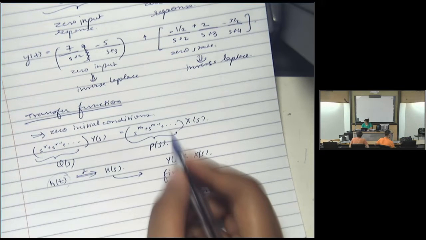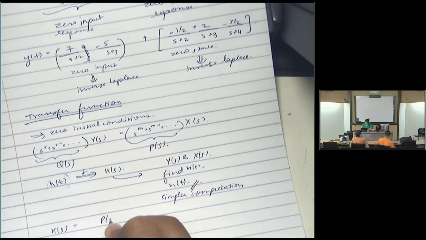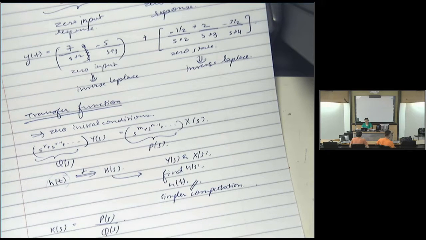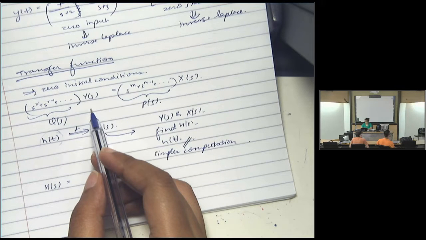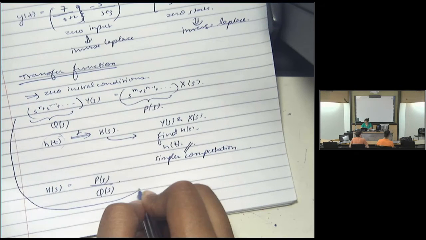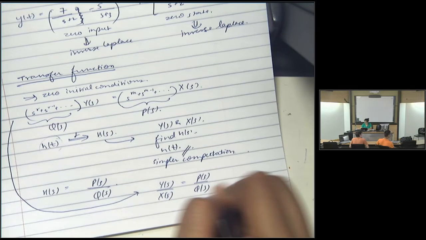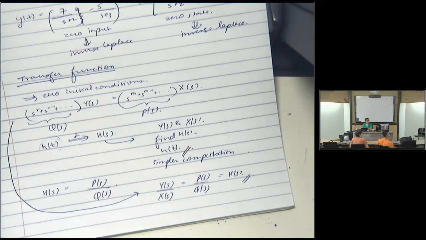So H(s) will be P(s) over Q(s), right? Because from this equation, my Y(s) over X(s) is P(s) over Q(s), and this becomes H(s).